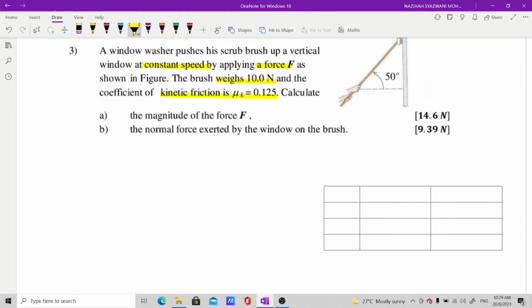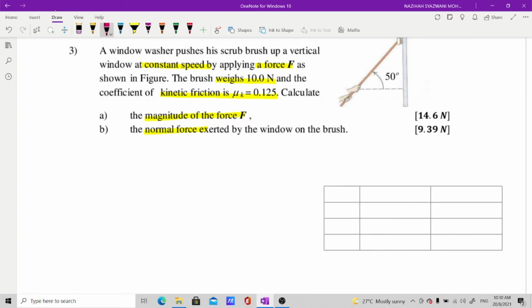Calculate the magnitude of the force and the normal force exerted by the window on the brush. So here they ask you two questions. First, let's draw the free body diagram.